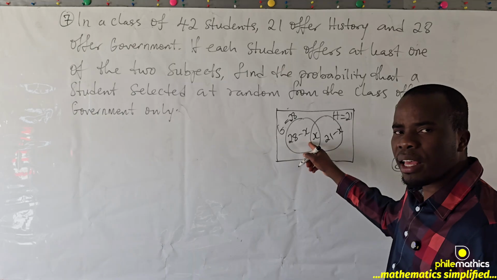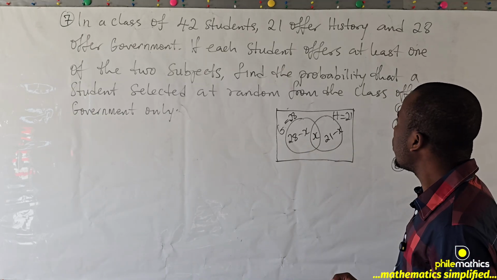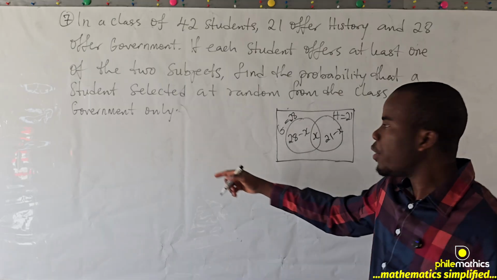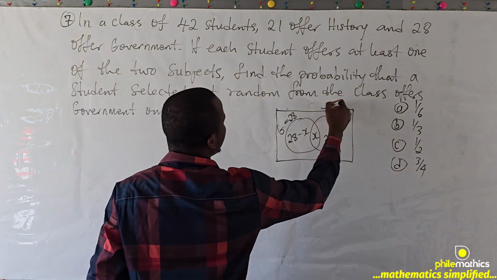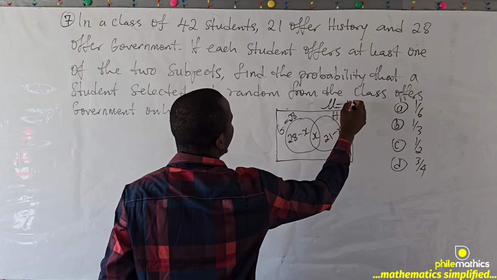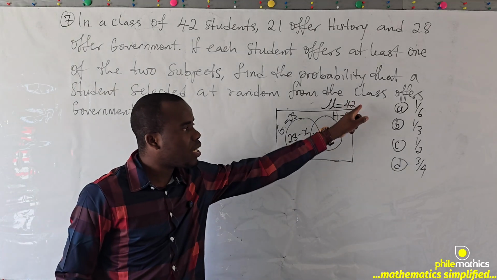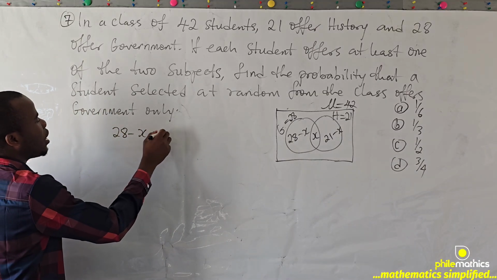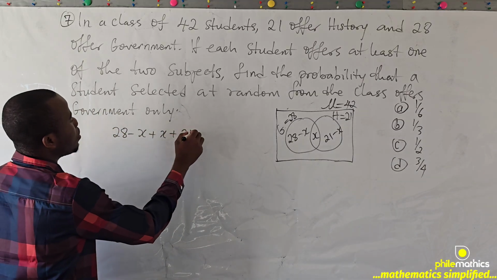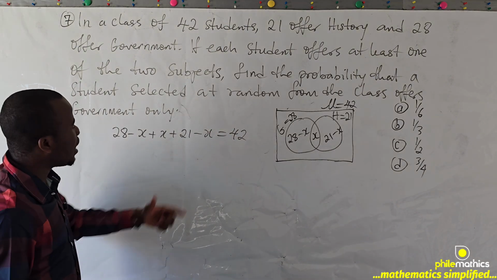Now, let's find x first before we think of finding the probability of those that offer government only. The total number of students in the class is 42. So the universal set should have a total of 42. So if we sum this, we should get 42. 28 minus x plus 21 minus x should give 42. So this is how we find what x is.